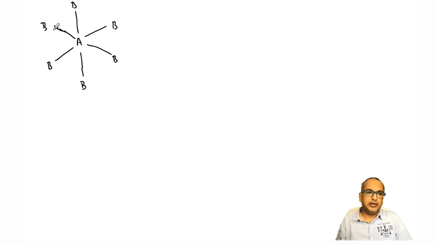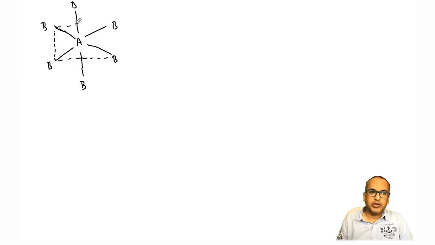And then how do we get a sense of where it is? Let's draw a plane around these 4 B atoms so that we know that these 5 atoms are forming one plane, and then this particular atom B is coming out of the plane and this B is going below the plane.